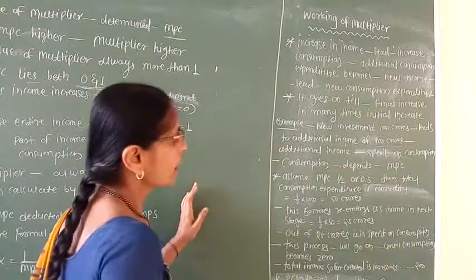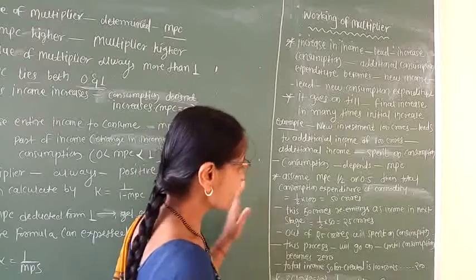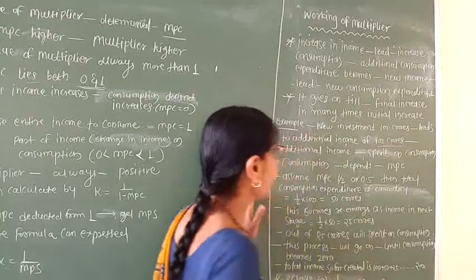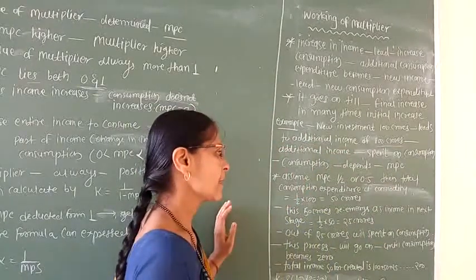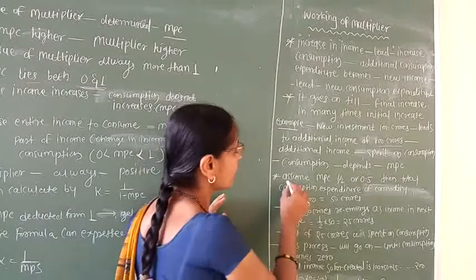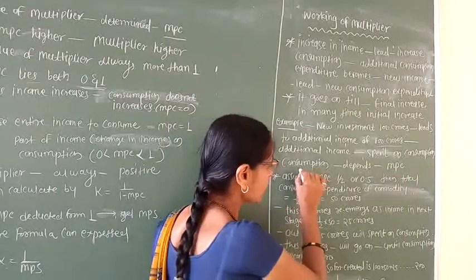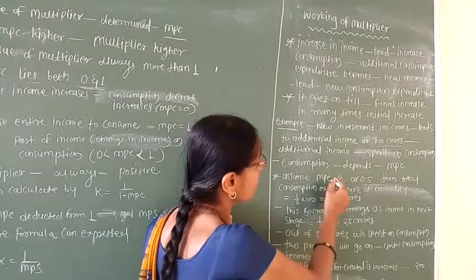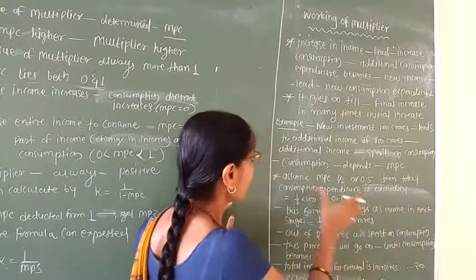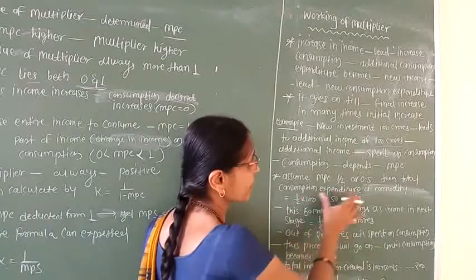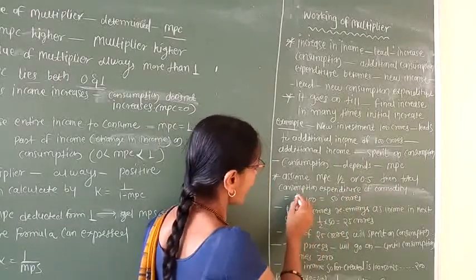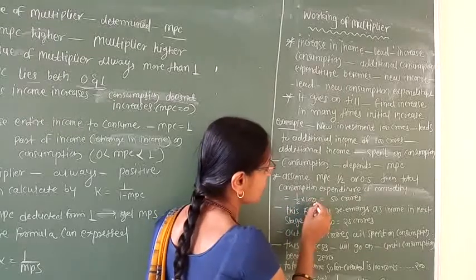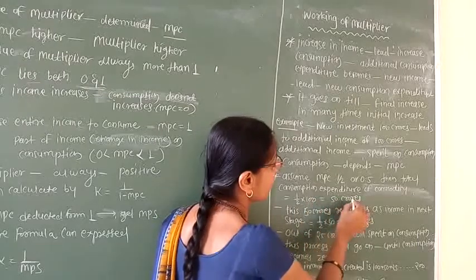Then what is the total consumption expenditure? In this example, the new investment is 100 crores and the additional income of the consumer is 100 crores. Since the marginal propensity to consume is 0.5 or half, the consumption expenditure is 1 divided by 2 into 100, which is 50 crores.